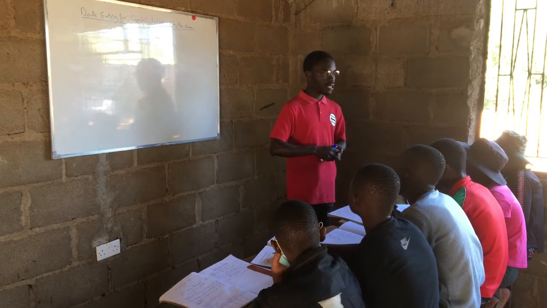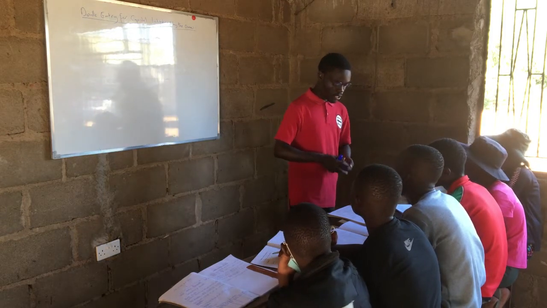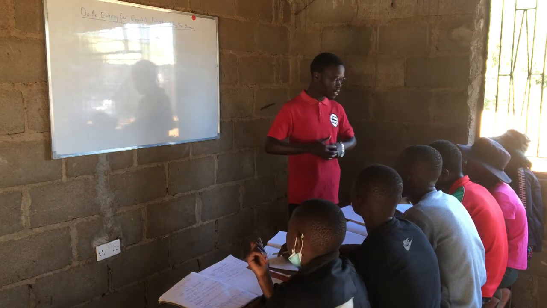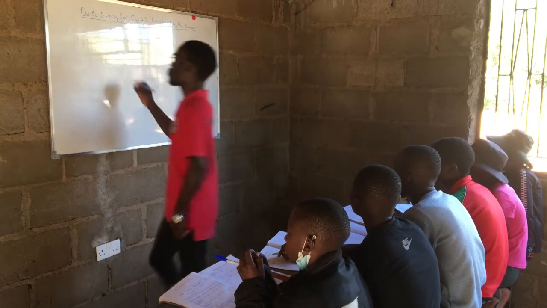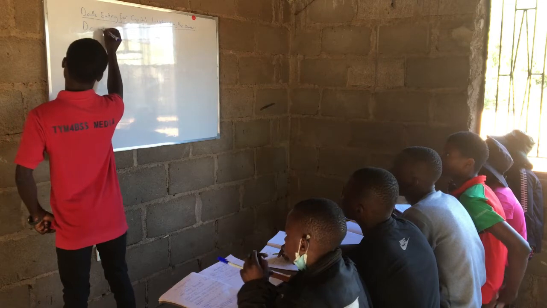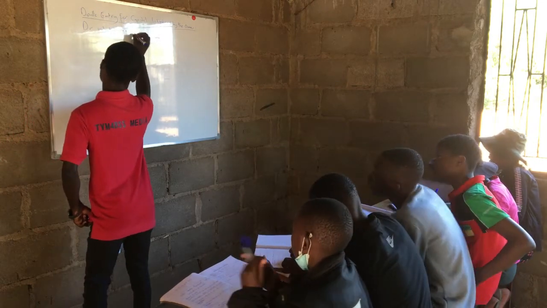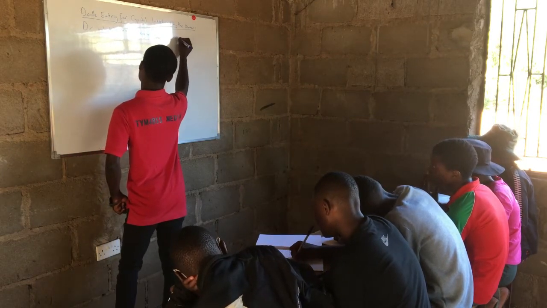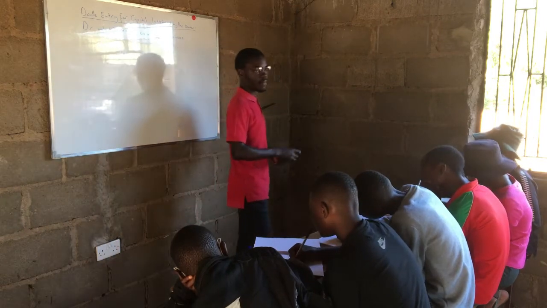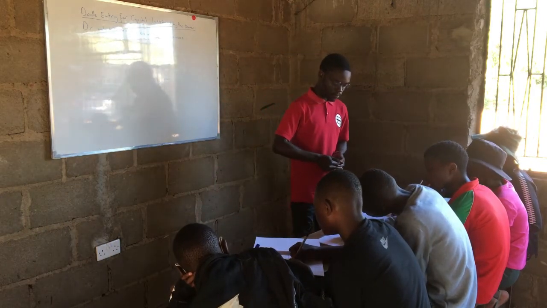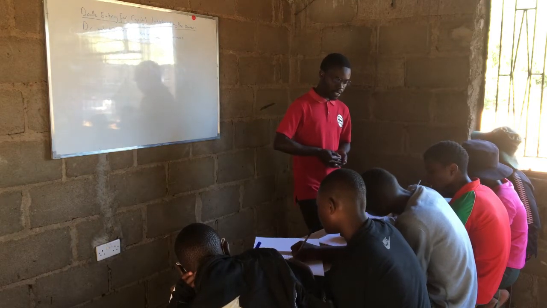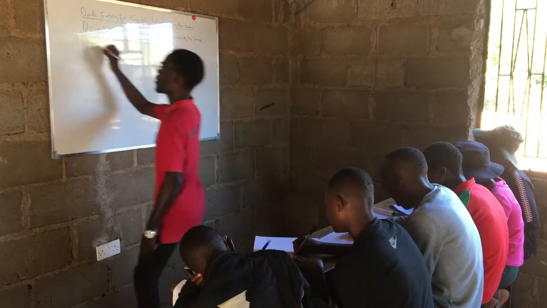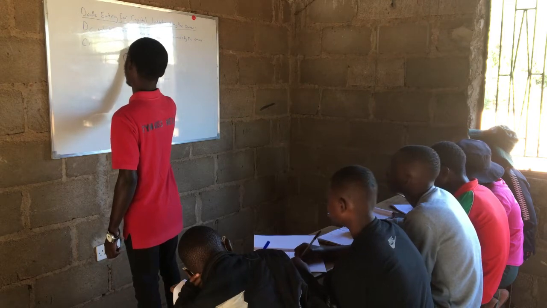In this case, we debit what is being received by the business from the owner, and we credit the capital account.